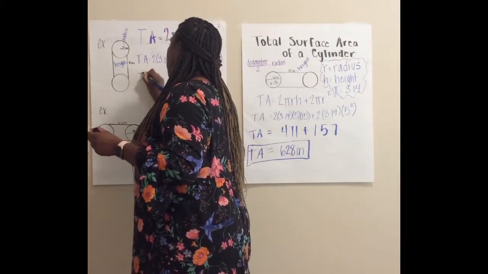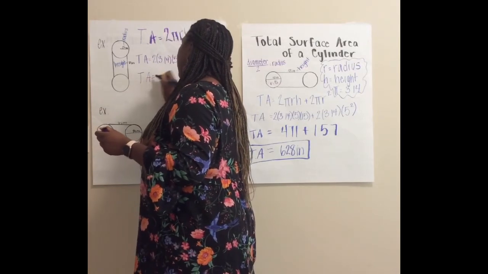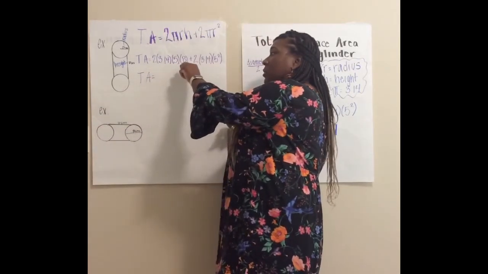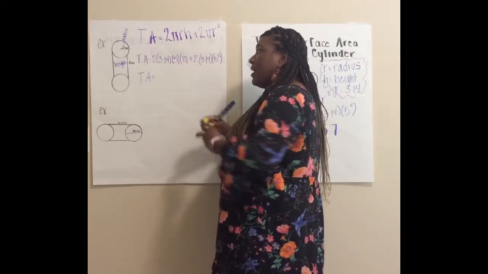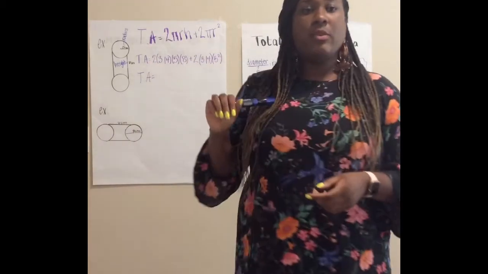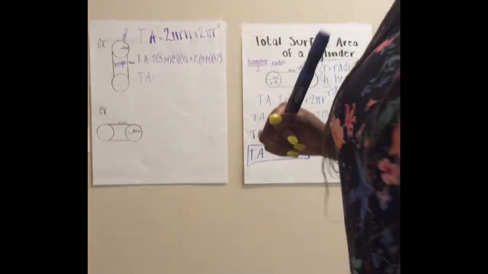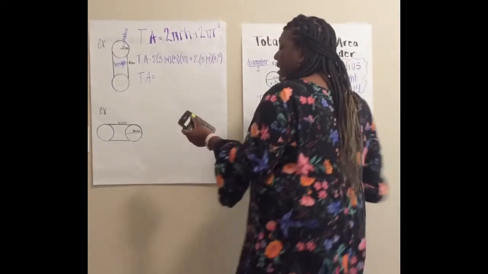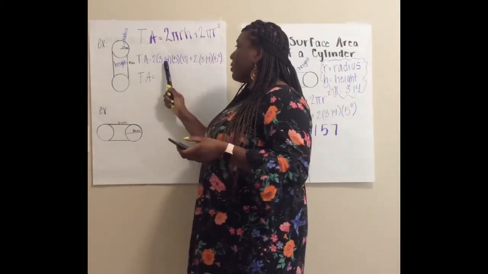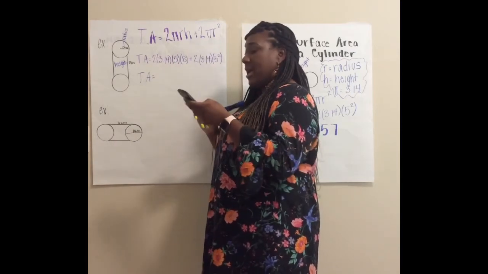At this time, I want you to pull out your calculator and calculate that first part. See if you get the same answer that I come up with. It's multiplying straight across: 2 times 3.14 times 5 times 8.